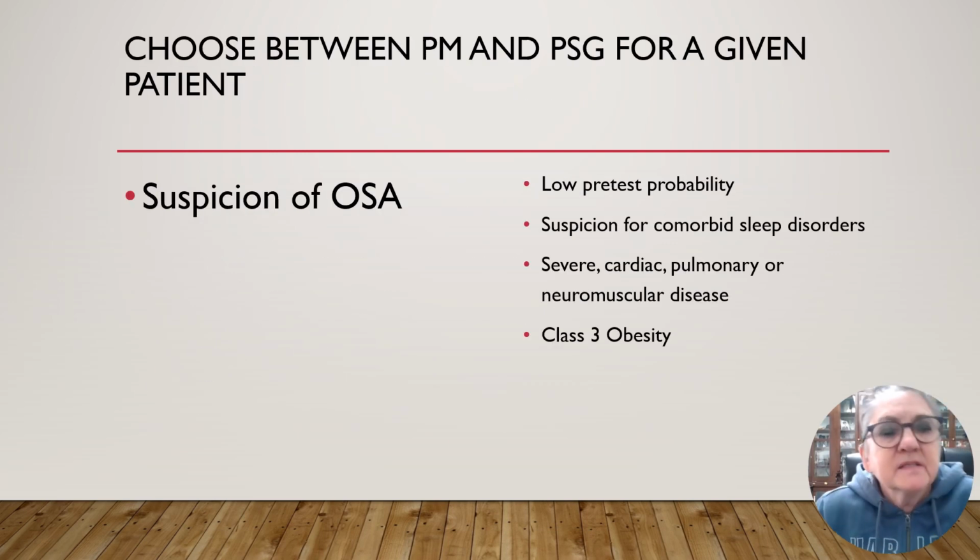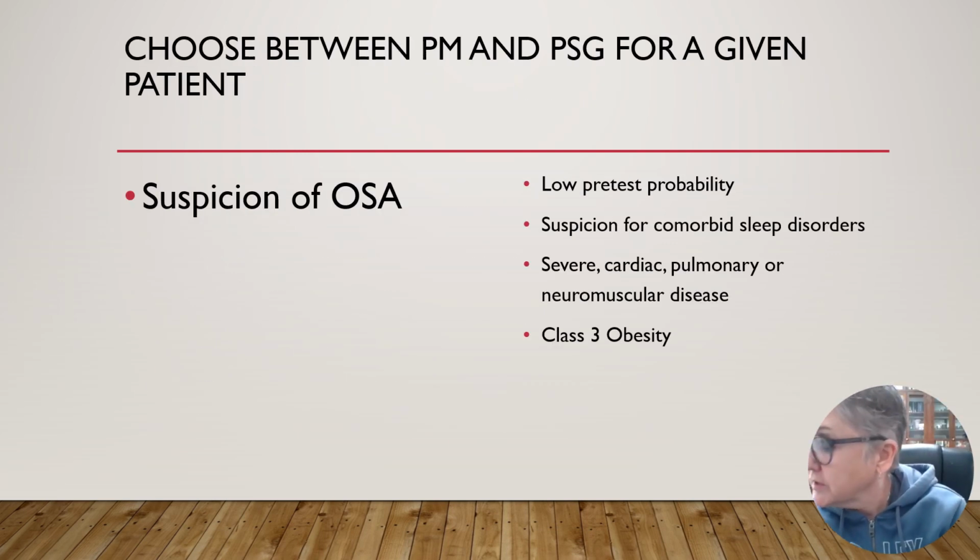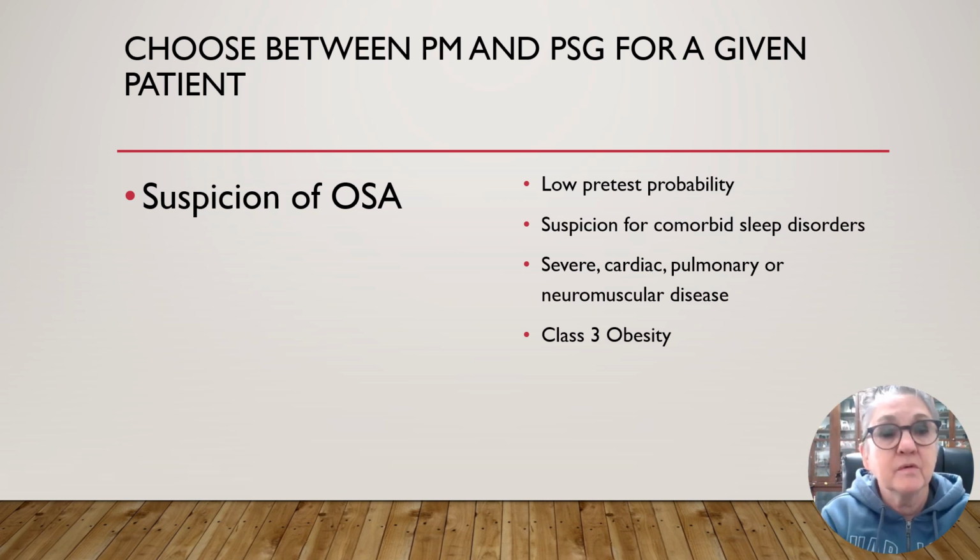Okay, we're at the last objective, which is to choose between portable monitoring and PSG for a given patient scenario. So I'm going to give you a couple of cases. Suspicion of OSA includes low pretest probability, suspicion of comorbid sleep disorder, severe cardiac, pulmonary, or neuromuscular disease, and class 3 obesity.